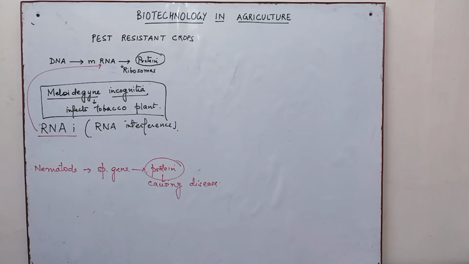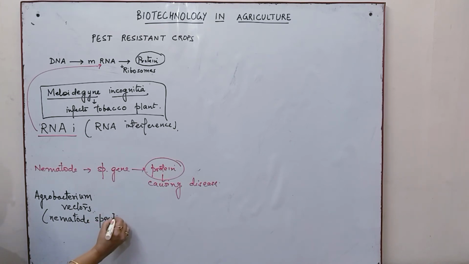Now, what the scientists have done is they have used Agrobacterium vectors. Agrobacterium vectors are nematode specific. That means they will be effective against specific nematodes only.